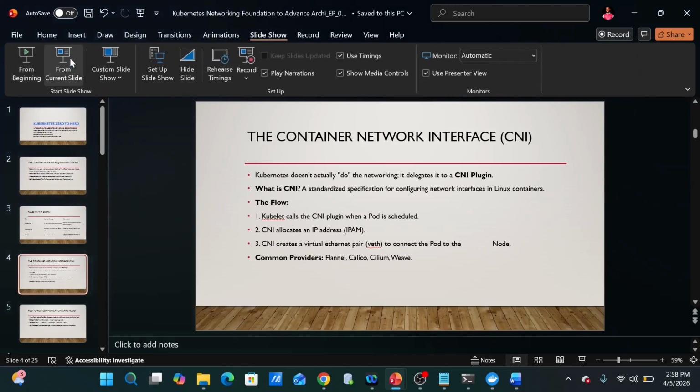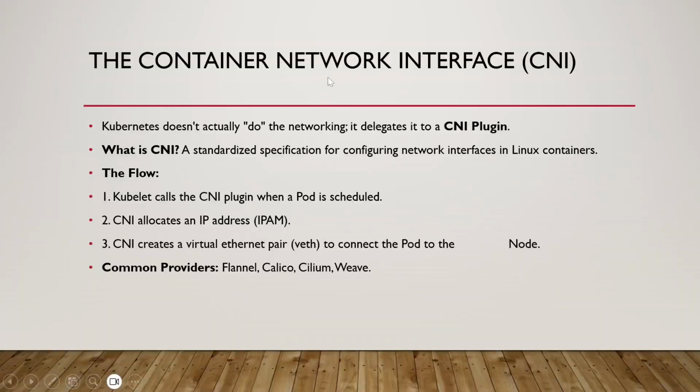So let's understand the CNI, the Container Network Interface. This is the most important thing you have to understand about Kubernetes networking. If you understand the CNI, then you mostly understand Kubernetes networking. Kubernetes does not actually do the networking, it delegates it to the CNI plugin. So who develops the CNI plugins?